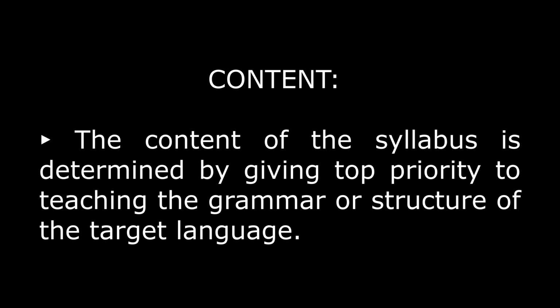I have been talking about this, that this syllabus includes the grammar translation method, and the grammar translation method deals with the structure and grammar of the target language. So we have been talking about the grammar and the structure of a language. So this is what has been said here.